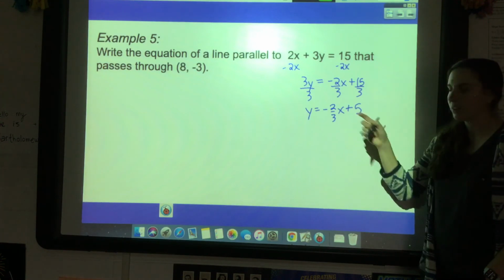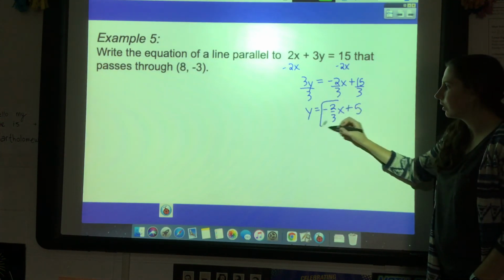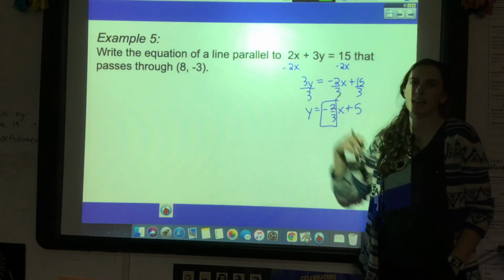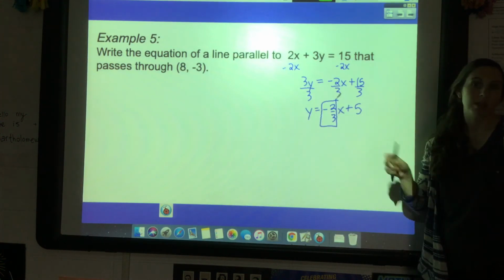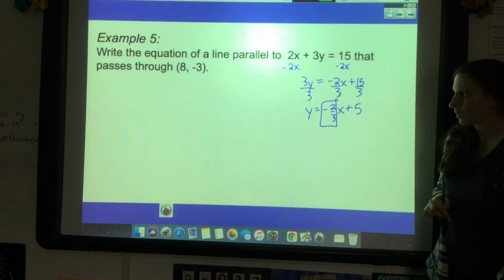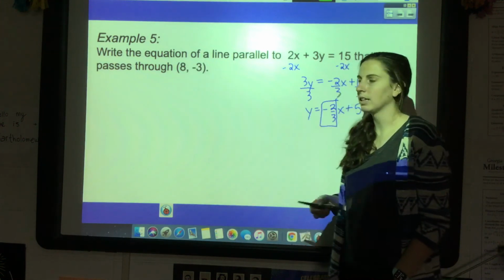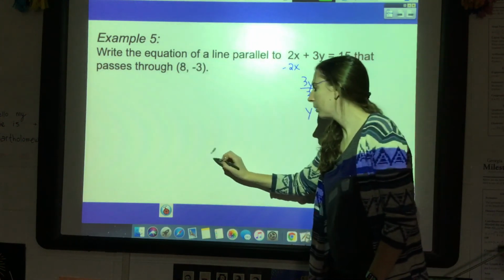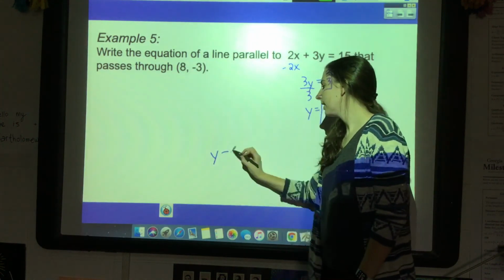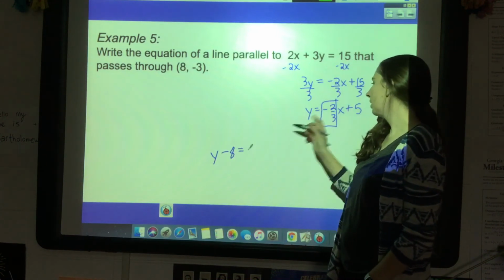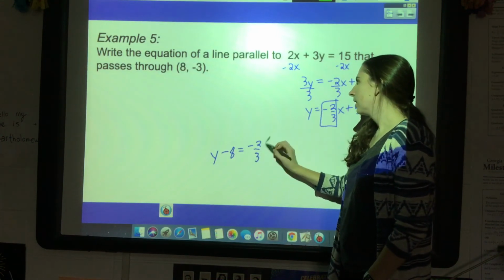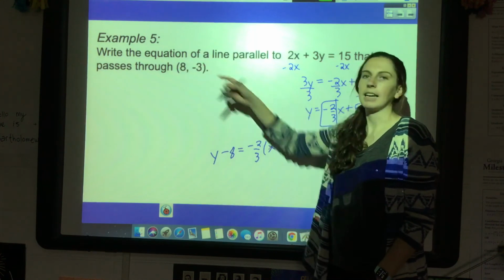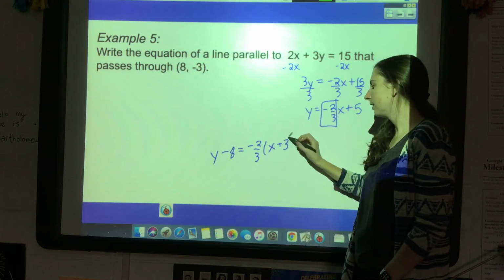So now I know the original slope here was -2/3, and if I want to be parallel to that, I will use the same slope. And it passes through this point. I'm going to do point slope formula real quick. Y minus 8 equals -2/3 times x minus -3. There we go.